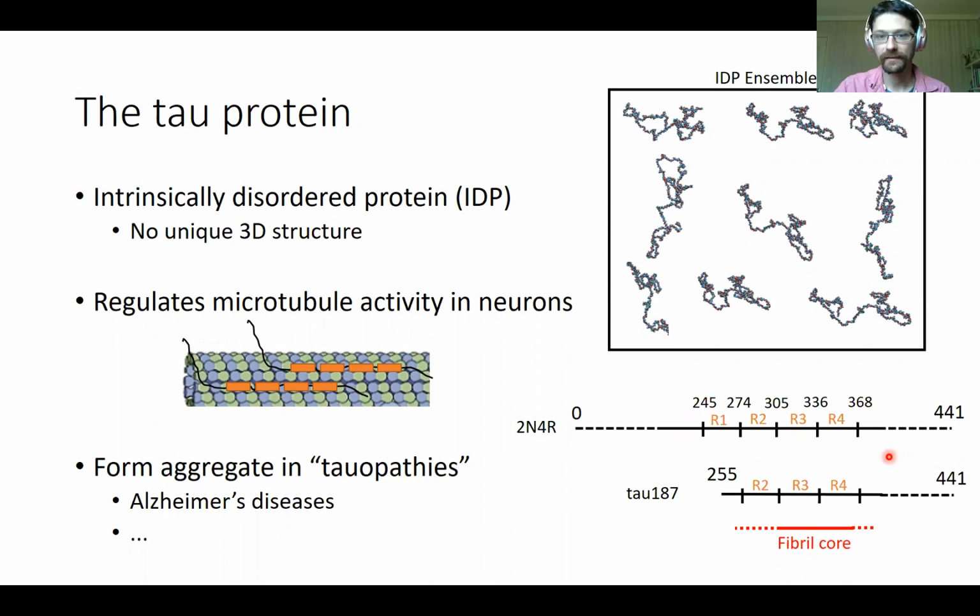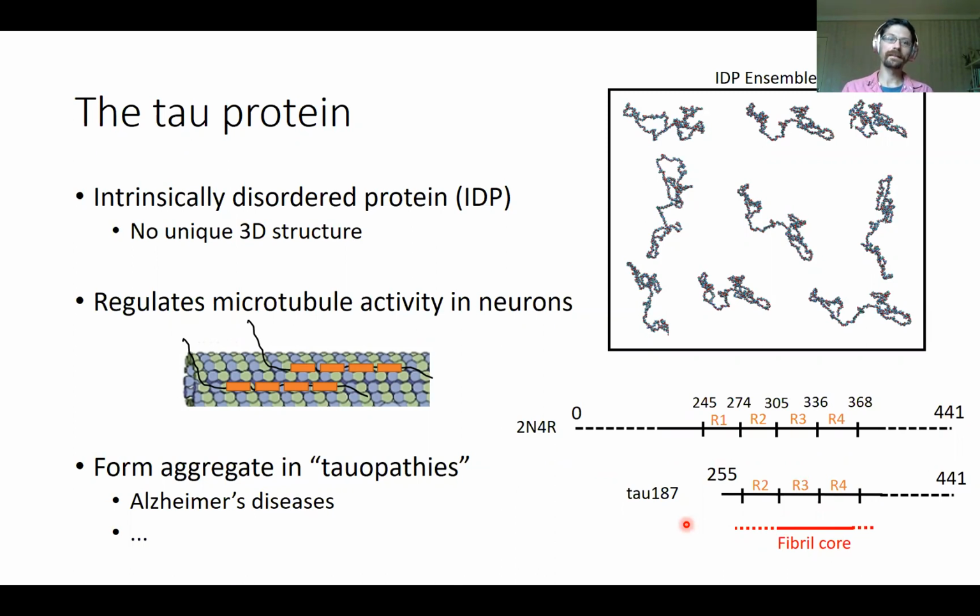It exists in several isoforms, and the longest one is 441 amino acids here. But most of the results I'm going to show are from these fragments of 187 amino acids, which contain those 4 repeat domains that mostly contain the amyloid core forming those fibers.